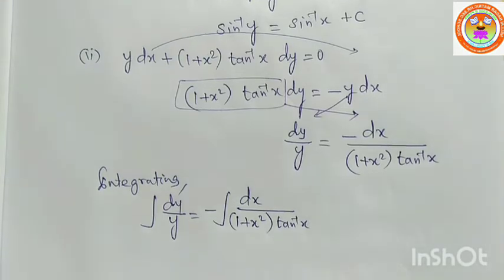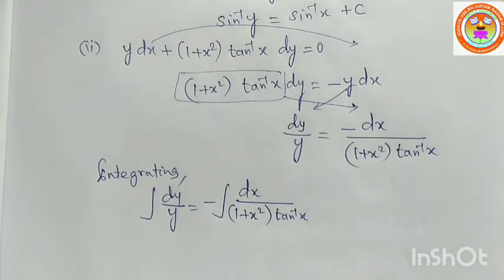See the left hand side, it is in the standard form. The integral of dx by x is log x, so the integral of dy by y is log y. So, we can apply the formula. But the right hand side is very difficult.